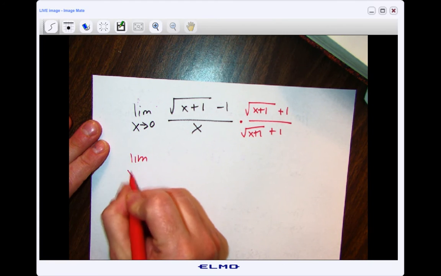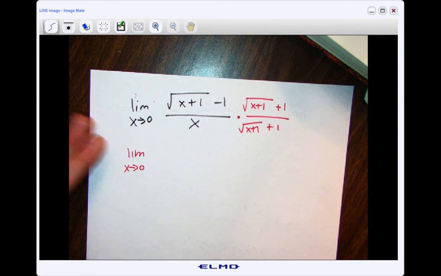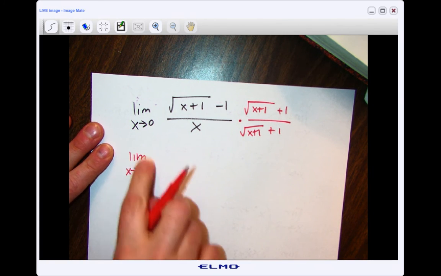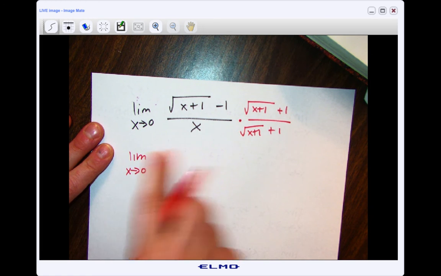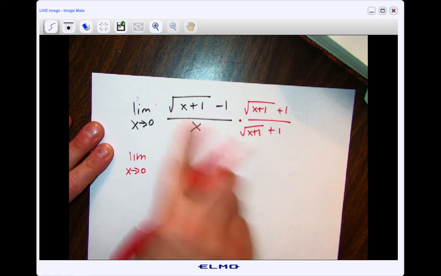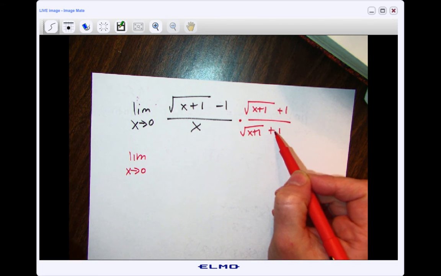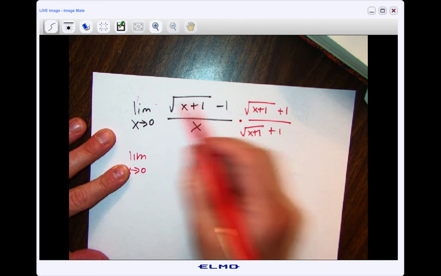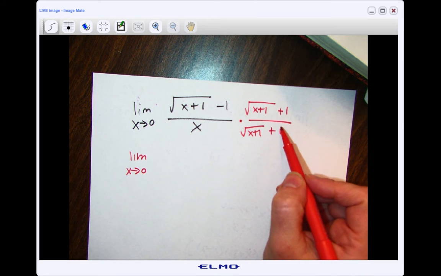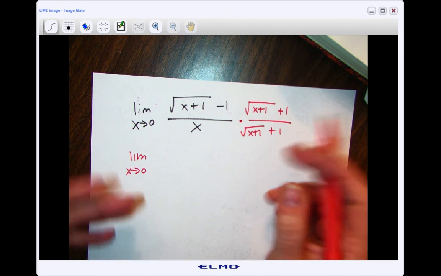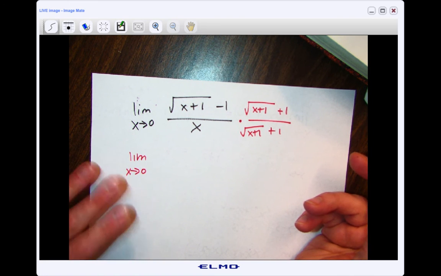So I'm going to write my limit symbol again because I haven't evaluated the limit yet. I have to keep writing this until I actually take the limit. I'm just altering this expression inside. And of course, if I multiply by this over this, I'm multiplying by 1, so I'm not changing this expression. I'm just multiplying by 1 and making him look different. He's going to have the exact same value. So it's like changing 1/2 to 2/4, right?